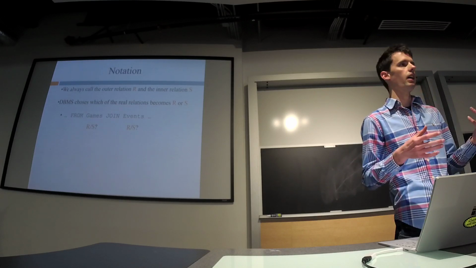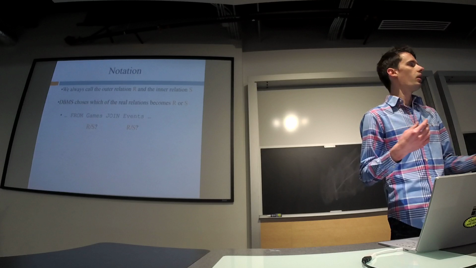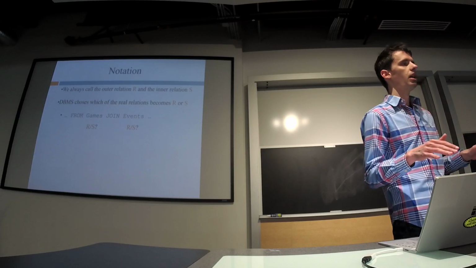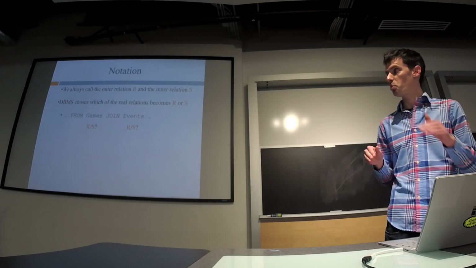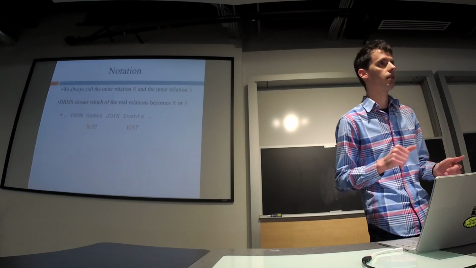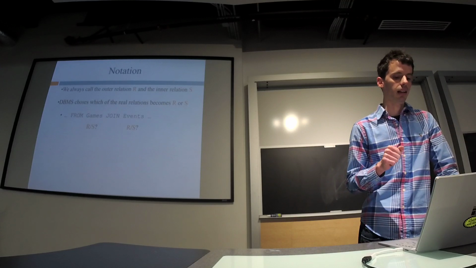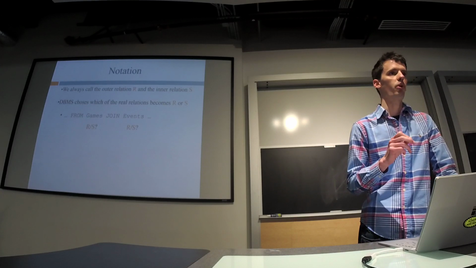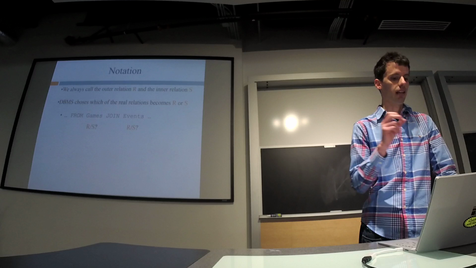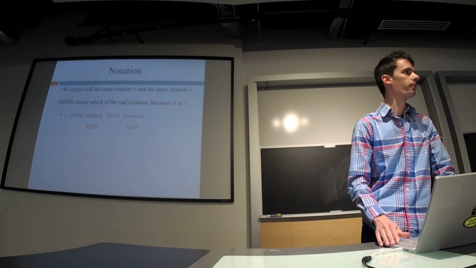That implies that games would be the outer loop. But no, the DBMS is going to decide which of these becomes R and which of them becomes S, so which of them is outer and which of them is inner. And if it knows, for example, that one of them fits in memory, then it will always pick that one to be S.